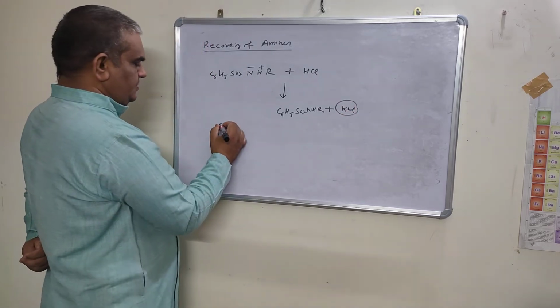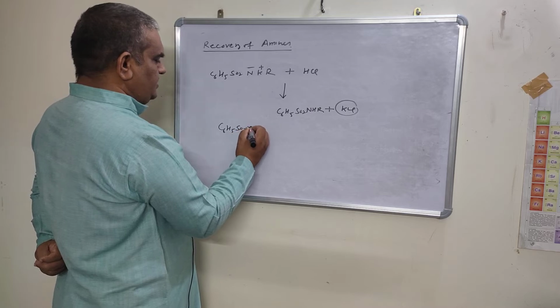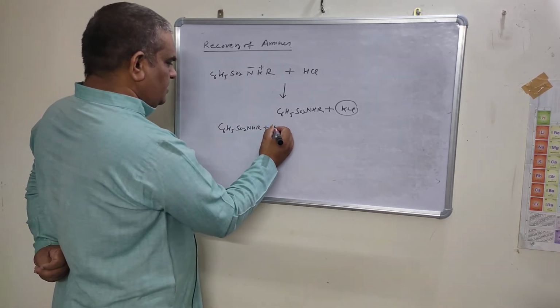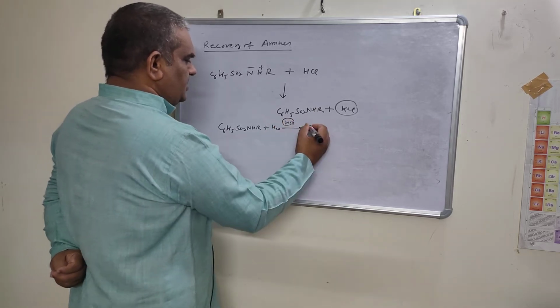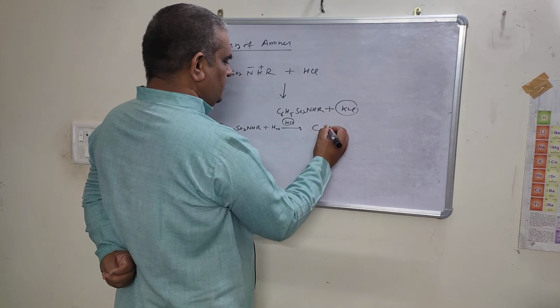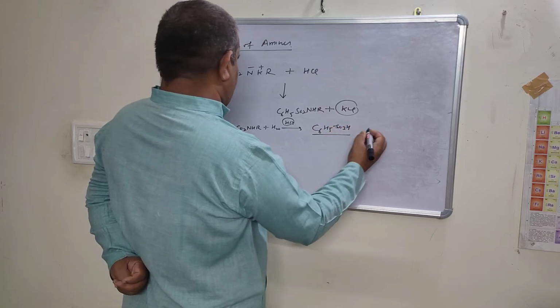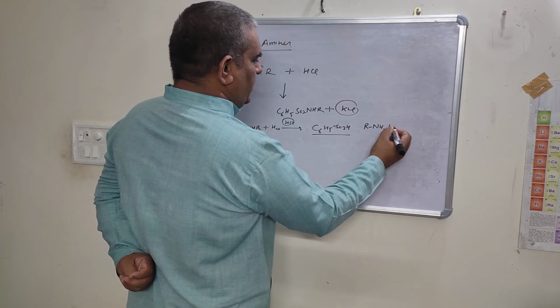This benzene sulfonamide undergoes hydrolysis with concentrated HCl to form benzene sulfonic acid and primary amine hydrochloride.